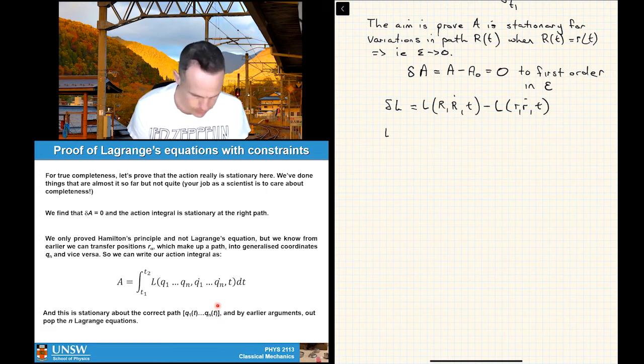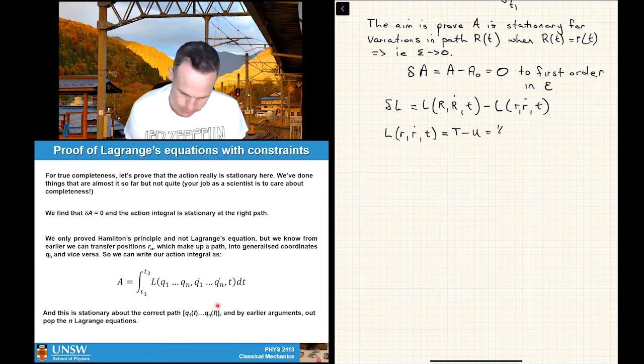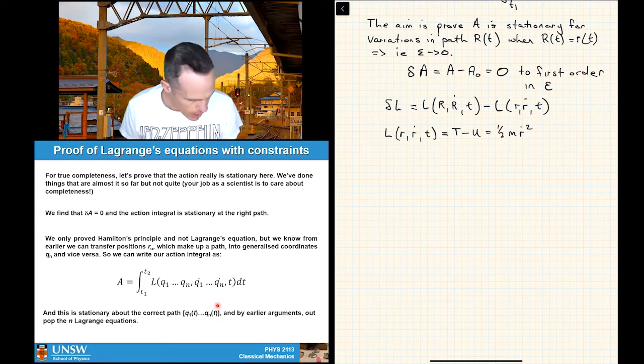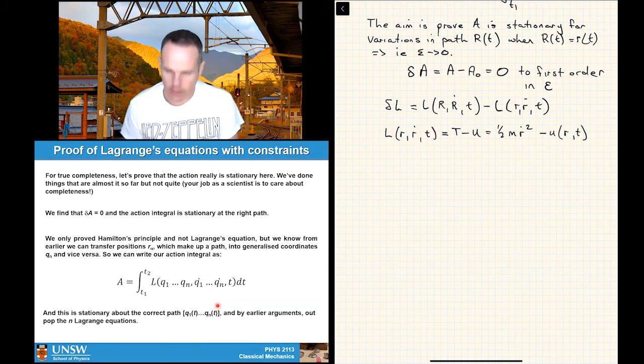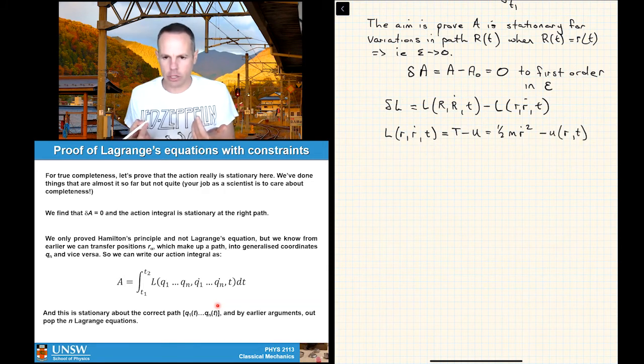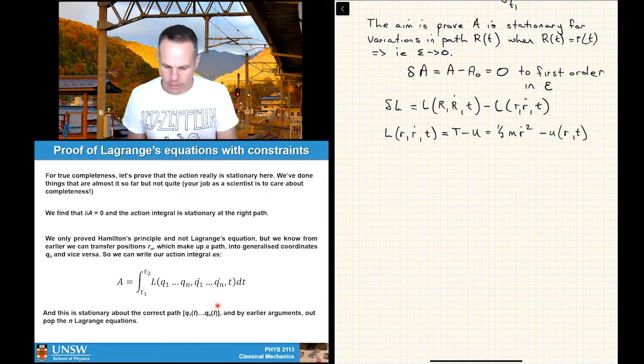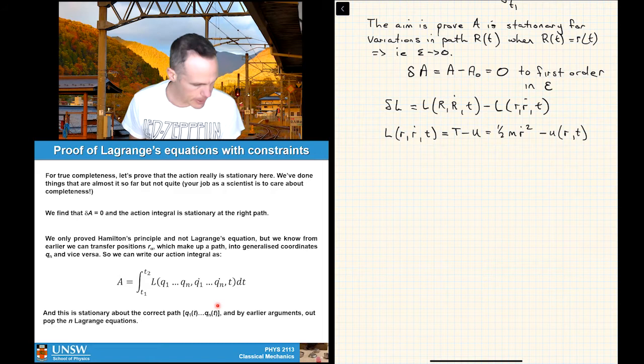And we know that L of r dot and t is going to be just T minus U, which is a half m r dot squared, okay, so x, y, and z coordinates built into one, minus U of r and t, okay, and you can imagine writing a similar expression for big R as well, so it'd be a half m big R dot squared minus U of big R and t, okay.